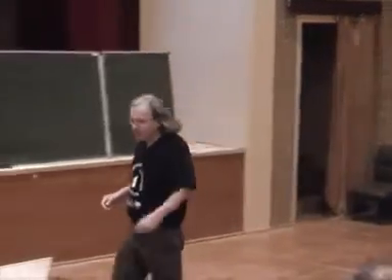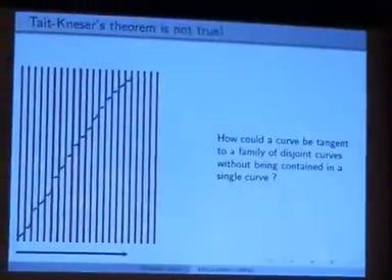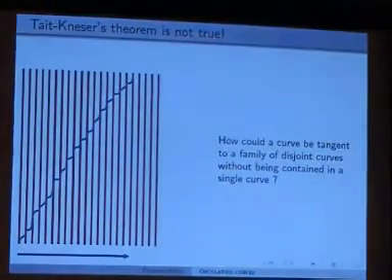Look, here's the simplest example. Suppose you take the collection of vertical lines. And suppose you try to draw a curve, a blue curve, which everywhere is tangent to the vertical. So the velocity would be always vertical.